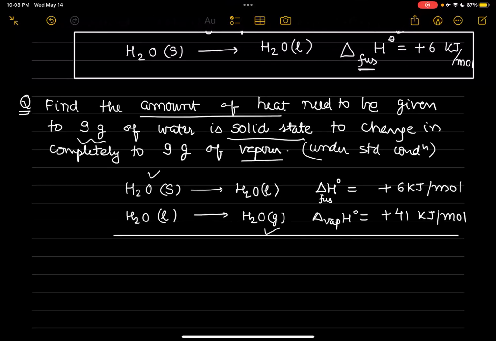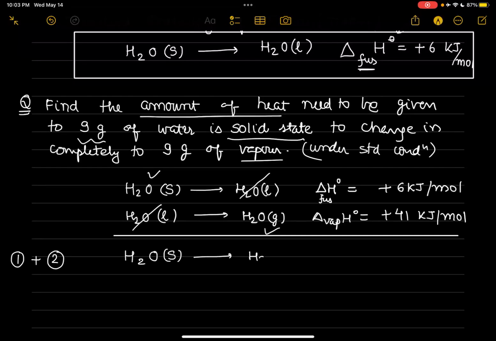So I can add these two equations. If I add these two equations, this is on the right hand side, this is on the left hand side, this will get cancelled. Equation 1 plus equation 2. This is actually what makes it very convenient.